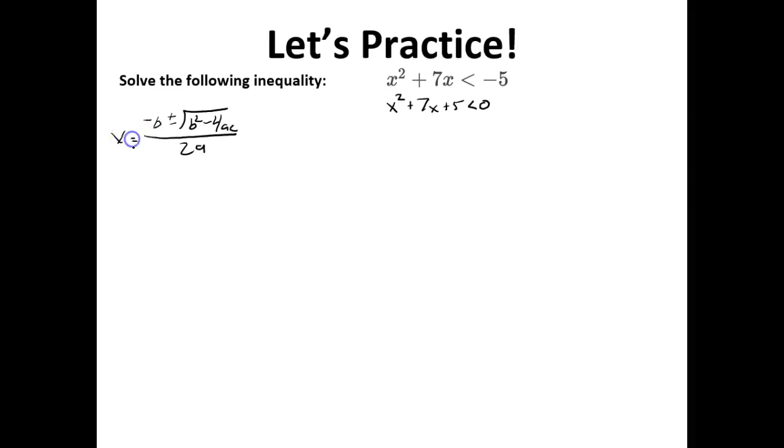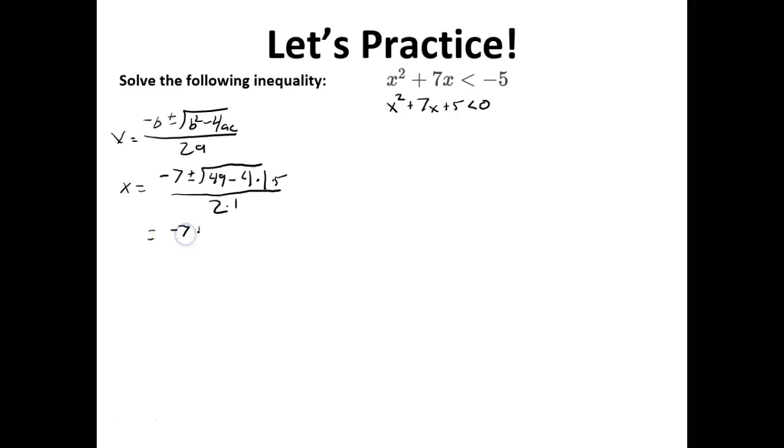I'm going to get x's, or zeros, where it's negative 7 plus or minus the square root. b squared is 7 squared, so 49 minus 4 times 1 times c, which is 5, all over 2 times a, or 2 times 1. Do a little bit of simplification.